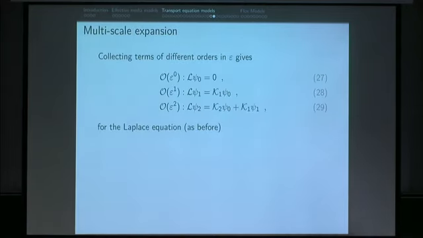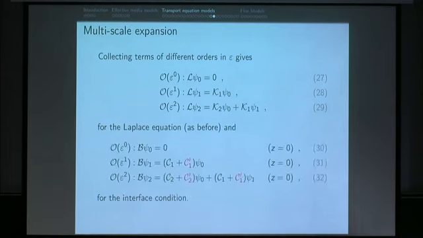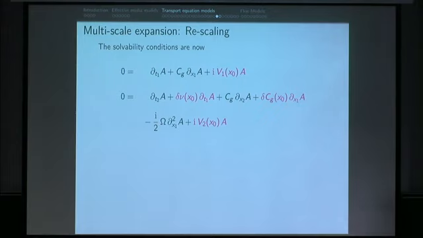We get the expansion for the Laplace equation, it's the same thing as before. We get some new terms in our boundary condition from the thickness perturbation, as we would expect. And, well, then we end up with solvability conditions, which now get these new terms, these new potential terms, V1 and V2 here, which is exactly what I wanted to have, because they end up being the scattering terms in the Boltzmann equation.